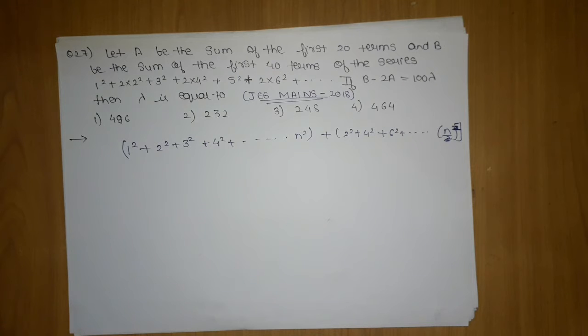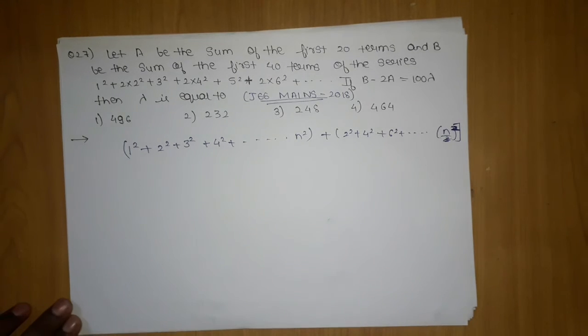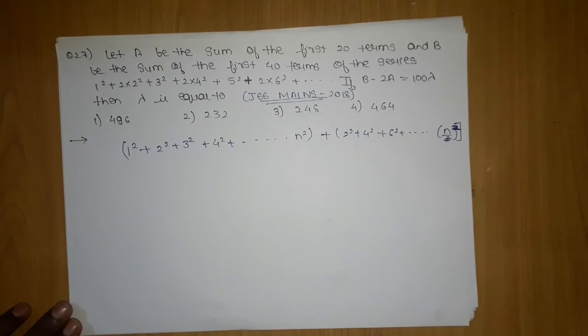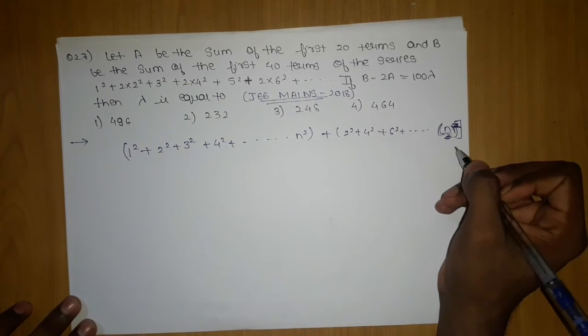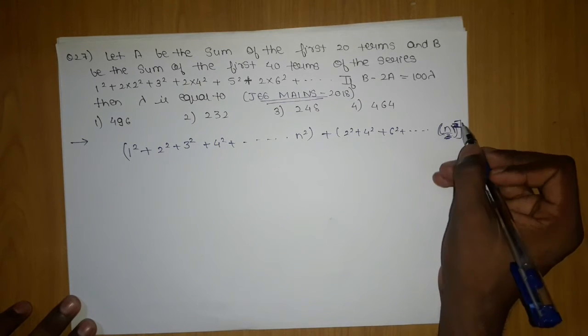We don't know whether n is even, but they have told us 40 terms, the sum of 40 terms. It will go till n square.